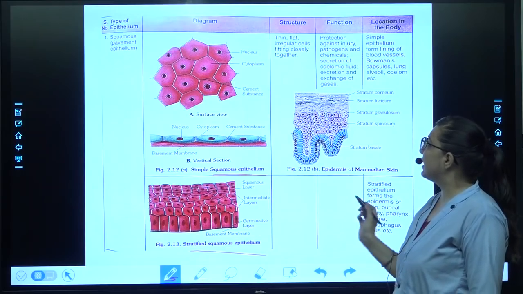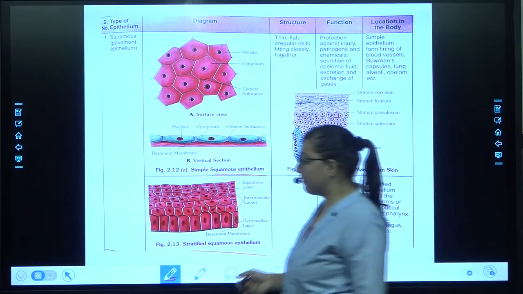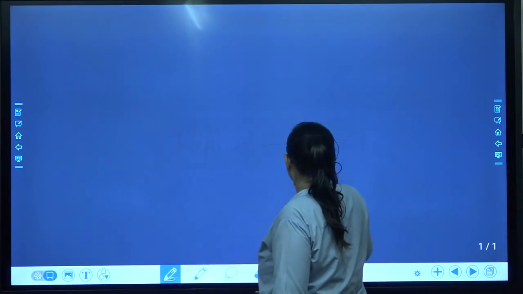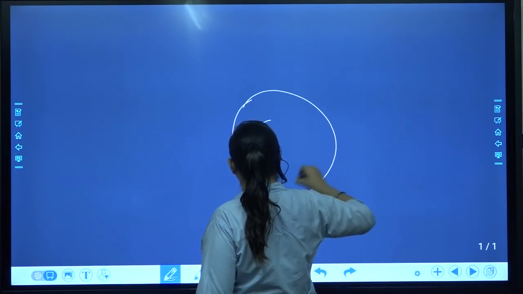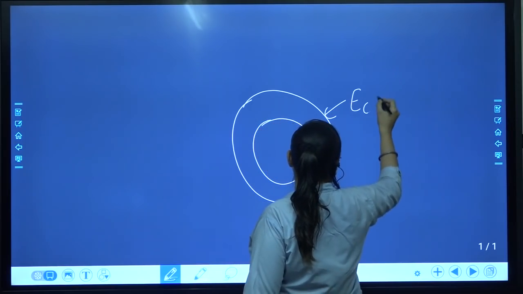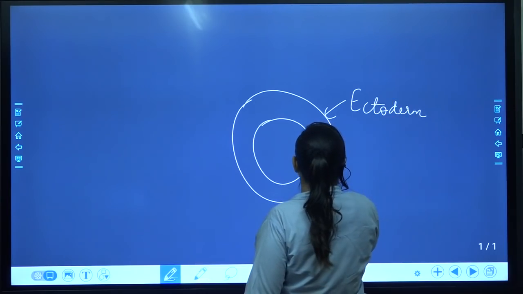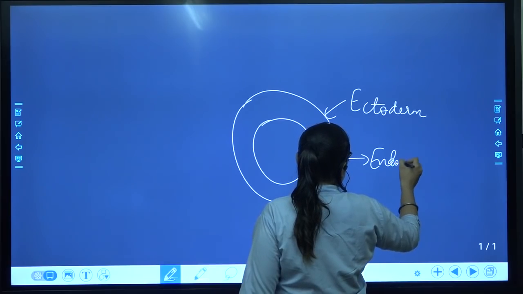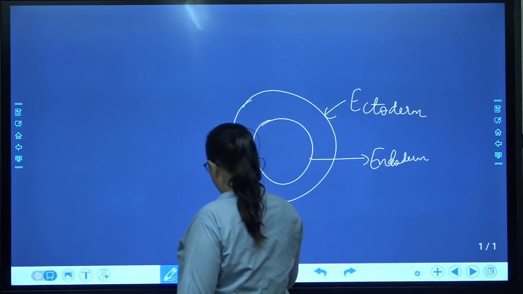It will help in the secretion of coelomic fluid. Try to recall what coelomic fluid was. The things are done again and again so that you remember it well. There are two layers, ectoderm and endoderm. Here the fluid is filled.